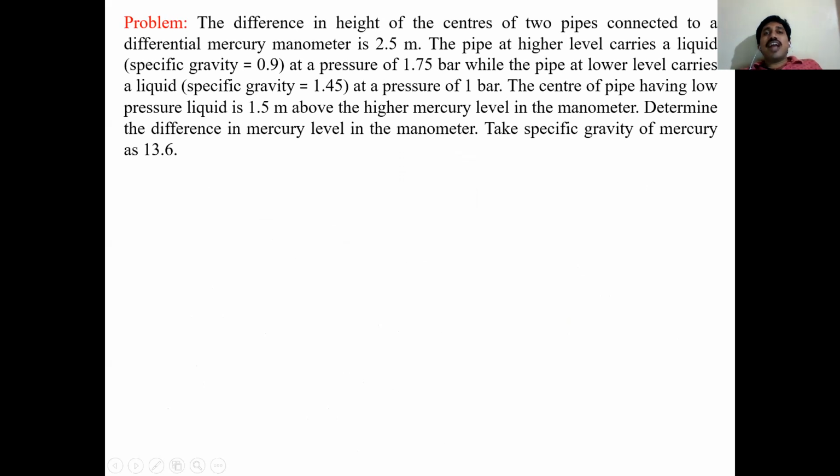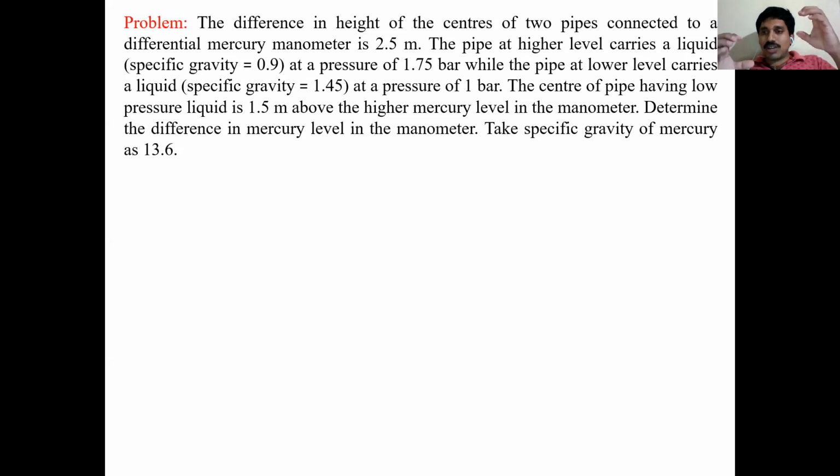The difference in height of the centers of two pipes connected to a differential mercury manometer is 2.5 meters. They already mentioned that the liquid inside the manometer is mercury.